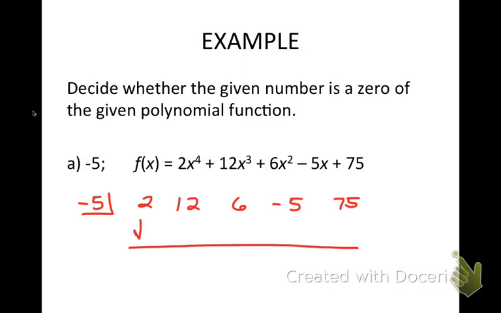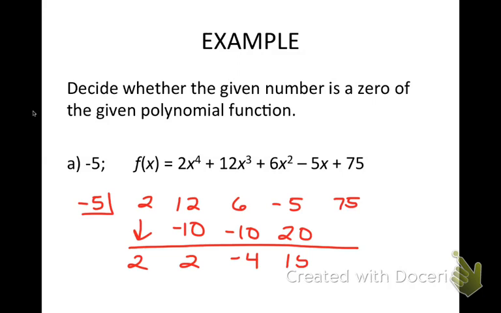Bring down your leading coefficient of 2. Negative 5 times 2 gets me negative 10. 12 and negative 10 makes 2. Negative 5 times 2 is negative 10. Adding gets me negative 4. Negative 5 times negative 4 is positive 20.